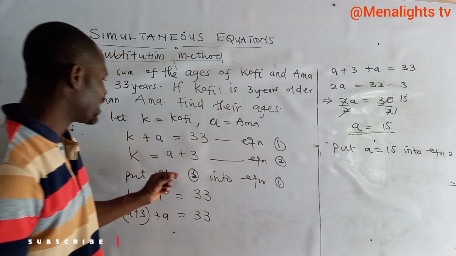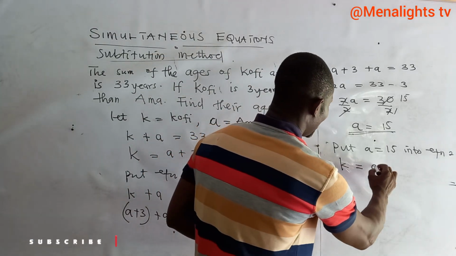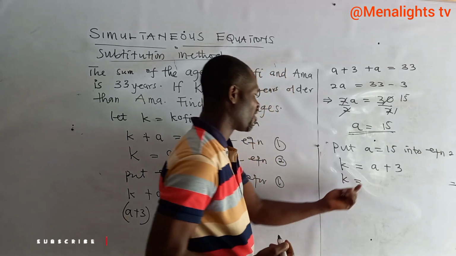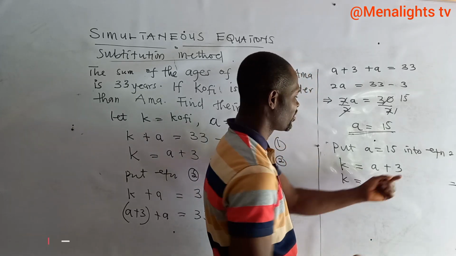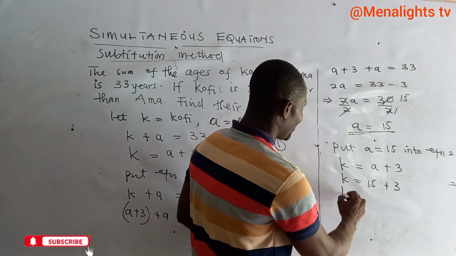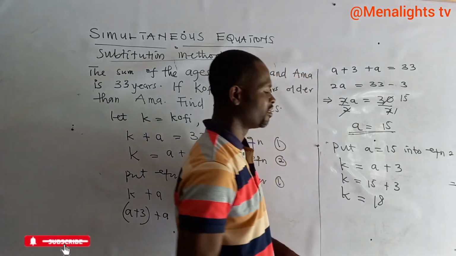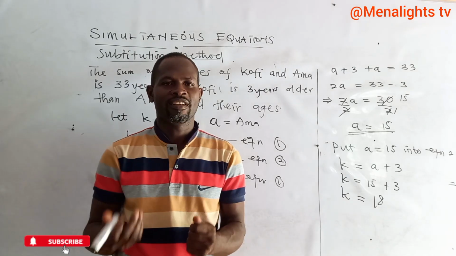So our equation 2 here is k is equal to a plus 3. So here we have our a, which is 15, plus 3. So that means our k is equal to 18. So Kofi's age is 18, Amma's age is 15.